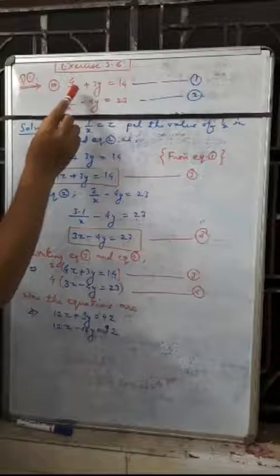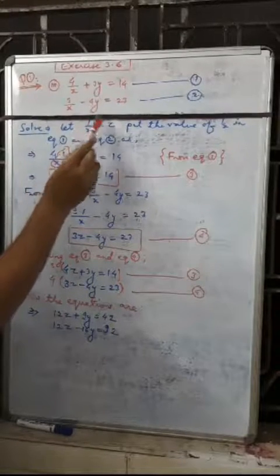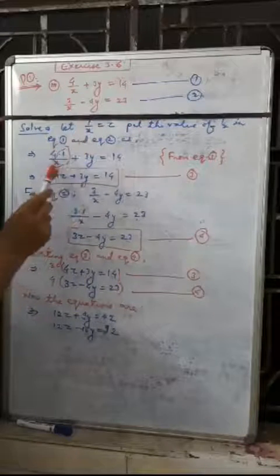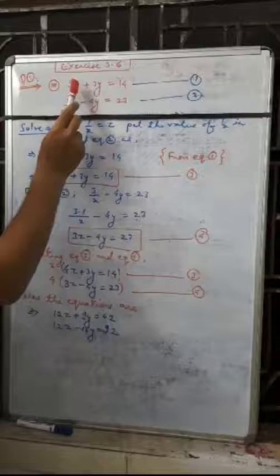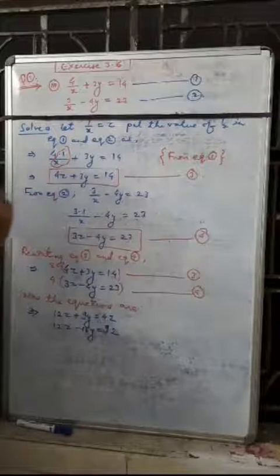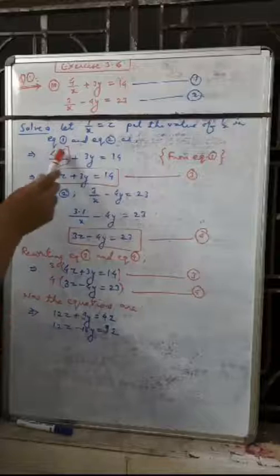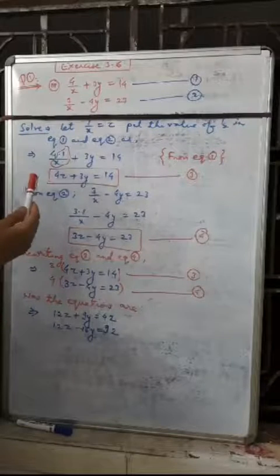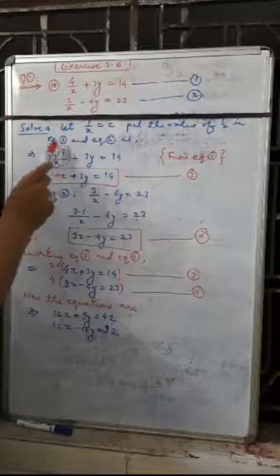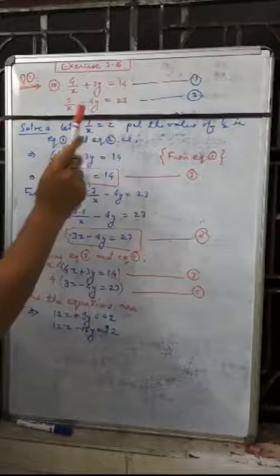Here 1 by x we can assume to be z. Put the value of 1 by x in both equations. So we can write 4 by x is equal to 4 into 1 by x, which has no effect on the equation, and 3y is equal to 14. In place of 1 by x we have written z because we assumed z.